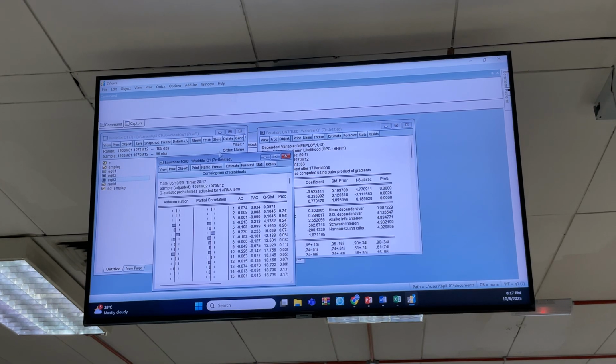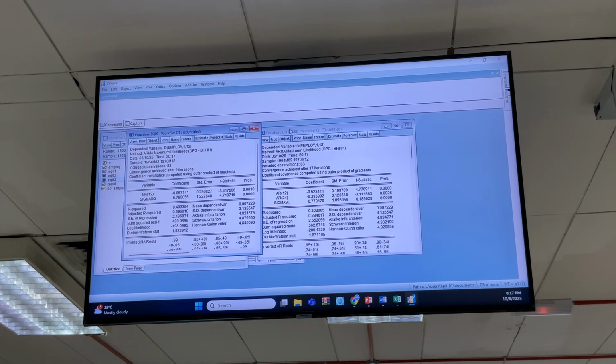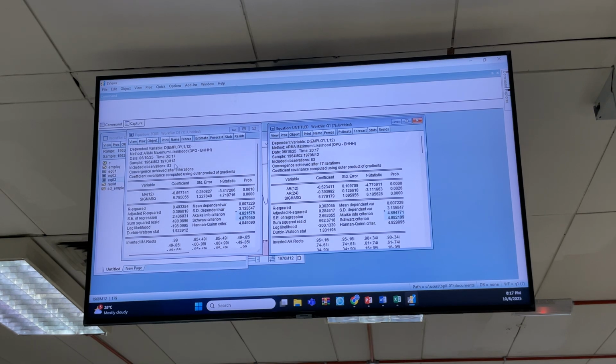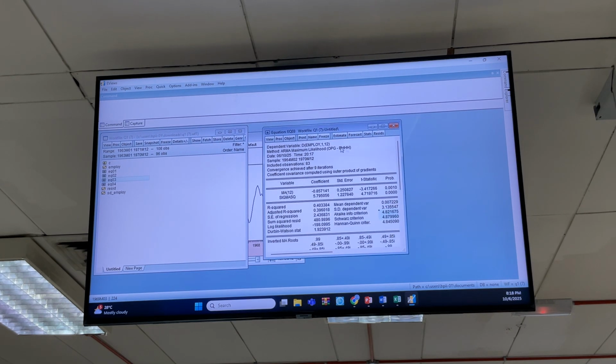Equation 3 just now. Which one is smaller? Yeah, I see. 4.82 is one. So this one has smaller AIC and SIC. So let's say we choose this one. So now to produce forecast using this one. To produce forecast using this model, you go to forecast.